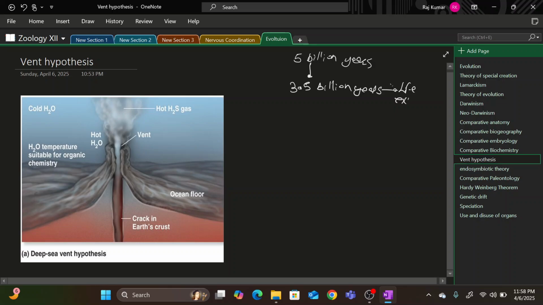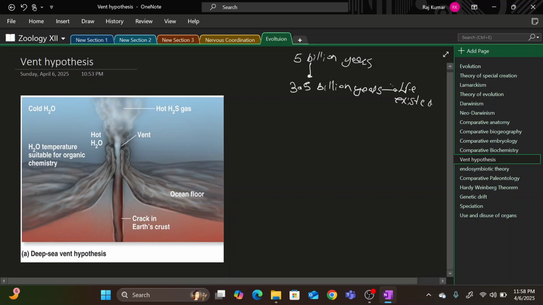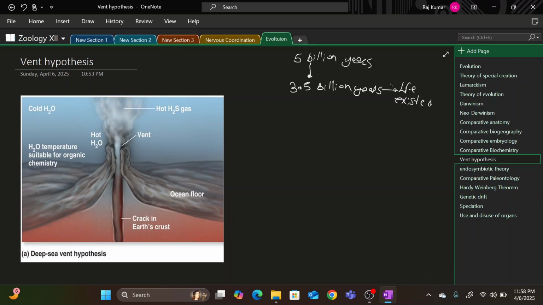In what form did life exist? At 3.5 billion years ago, the Earth did not have any ozone. The temperature of the Earth was extremely high, there was extreme exposure to UV radiation, and there was no land.